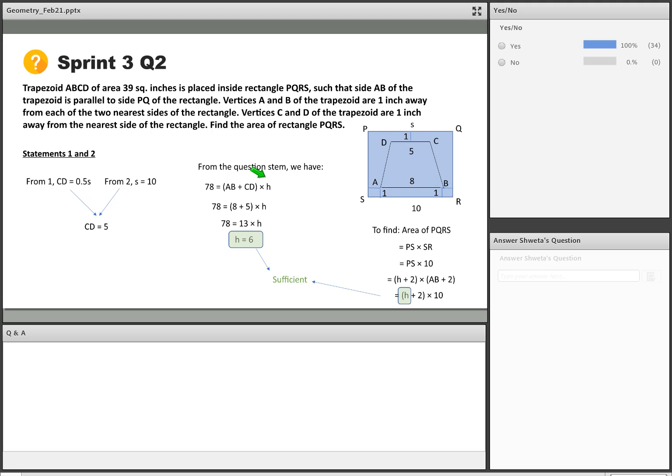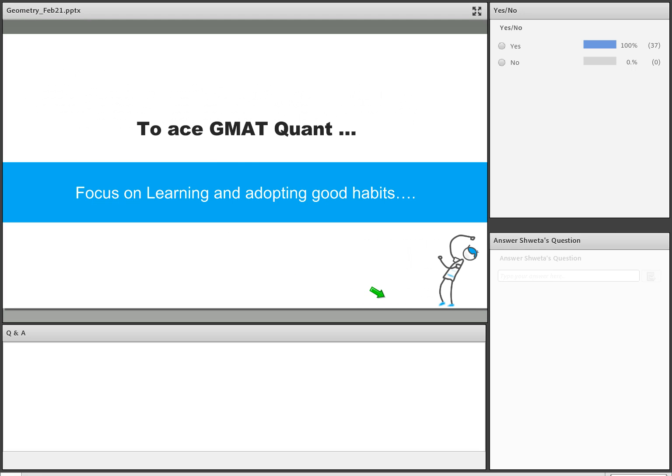The only unknown is H. So with this 78 equal to 13 times H, I get the exact value of H, which really was the only thing I was missing in statement 2. Now taking them together gives me H and this becomes sufficient. So the correct answer for this is option C.